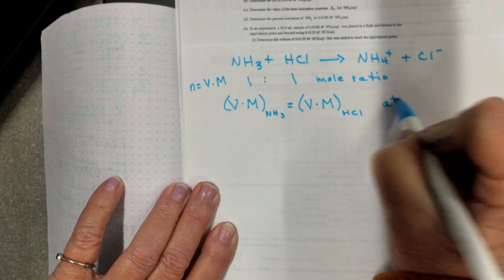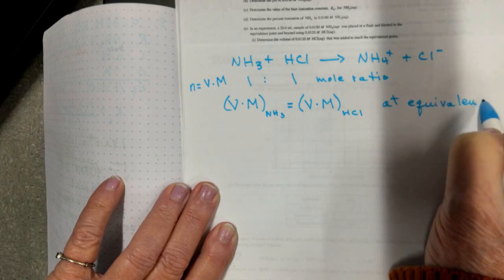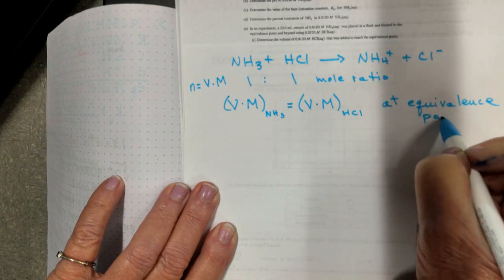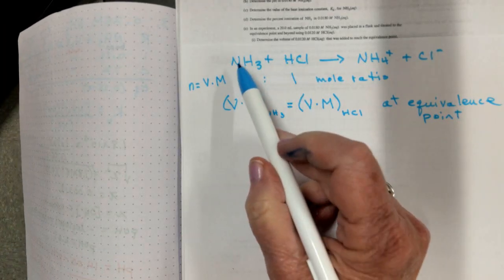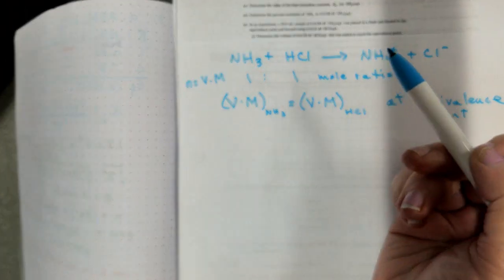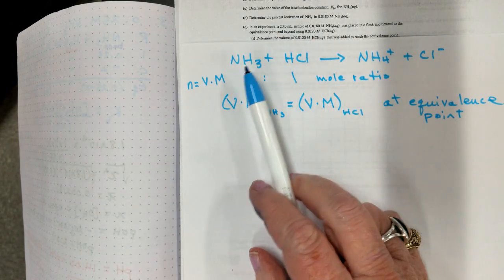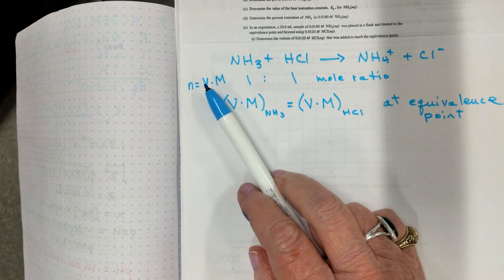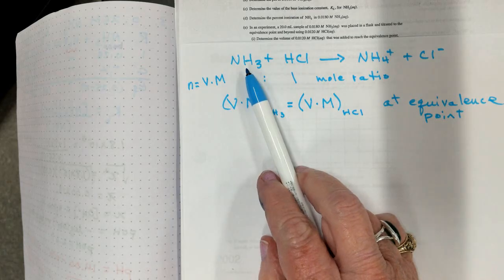This is at the equivalence point. I've added just enough acid to completely consume all of the base that I had in at the start. And what did I have in at the start? I had 20 mL of that concentration base. So 20 milliliters times the concentration of the base, that's how many moles I had of the base.